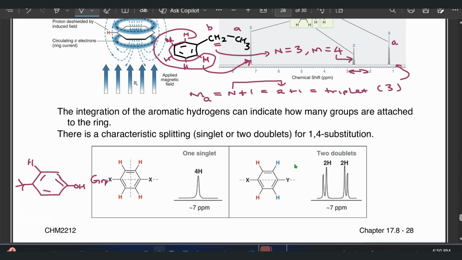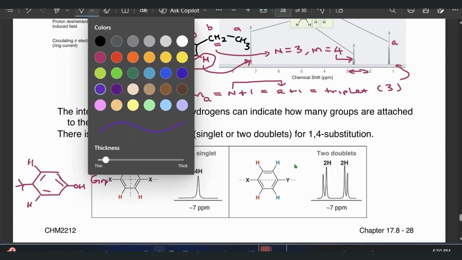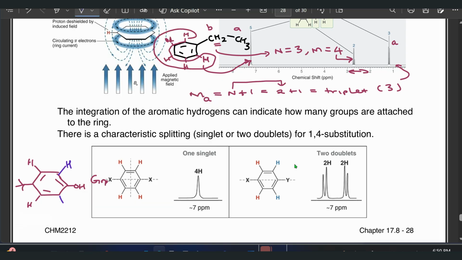These two hydrogens are not the same as these two hydrogens, so both of them will be their own doublets, different doublets. That's just because there's no symmetry in the molecule. Symmetry is there this way, but it's not there this way. That's why they're their own things.